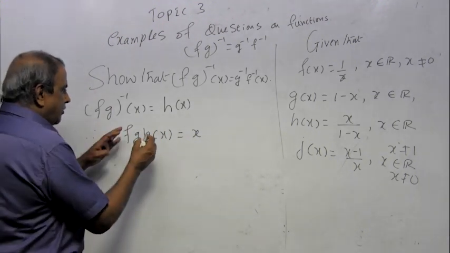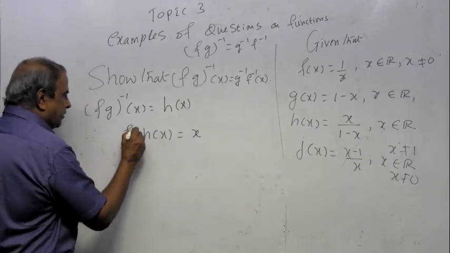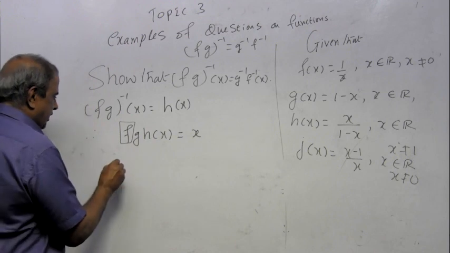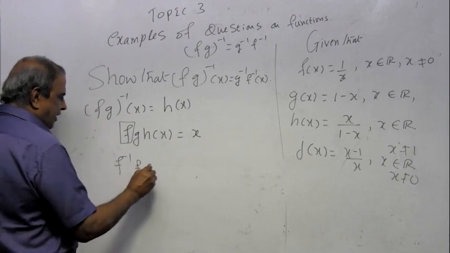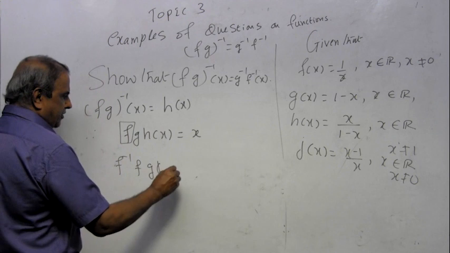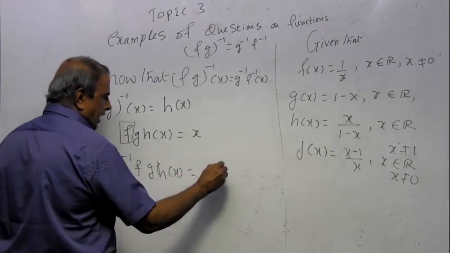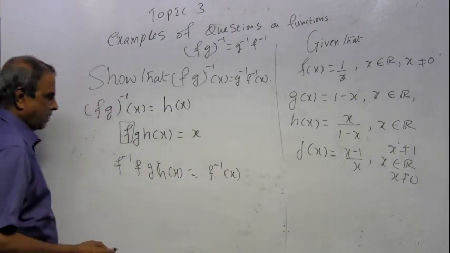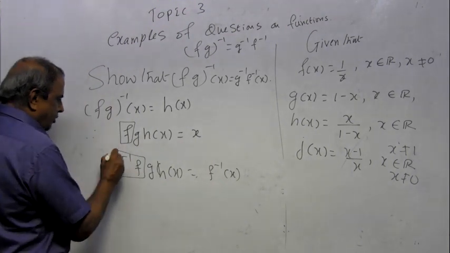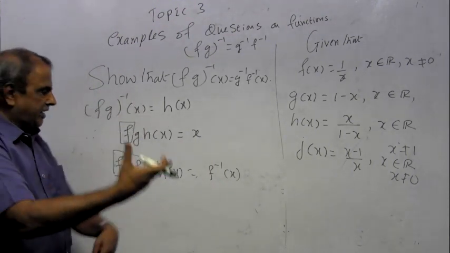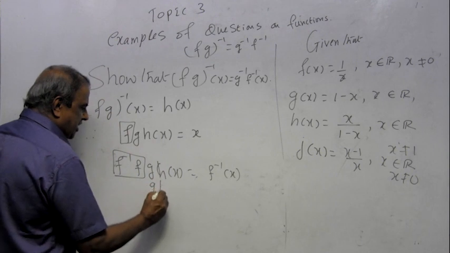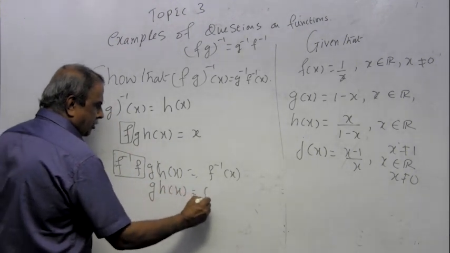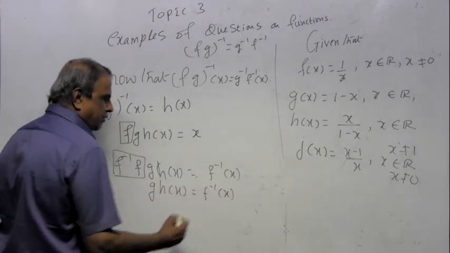Now, I want to find what is h of x. That means I need to get rid of f. So can you say f inverse fgh of x equal to f inverse of x? Now these two, they cancel each other. So I get gh of x equal to f inverse of x.